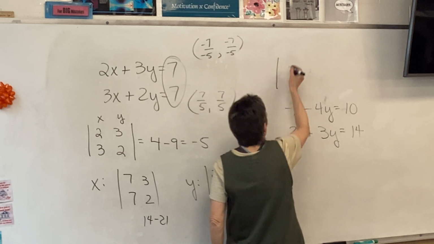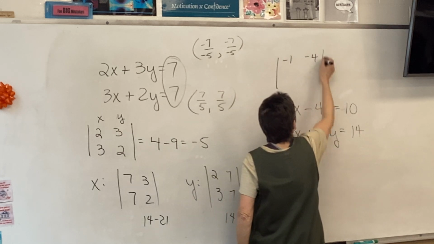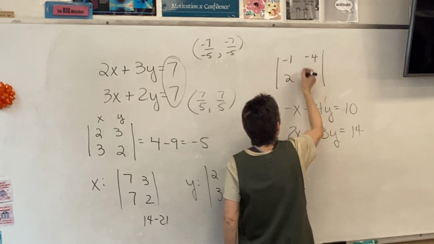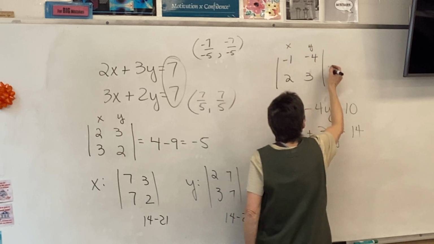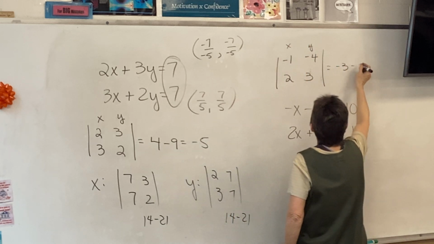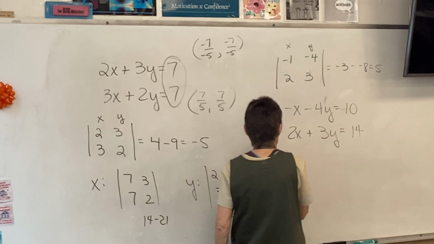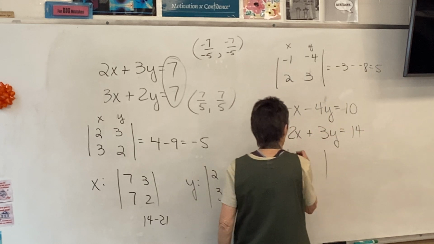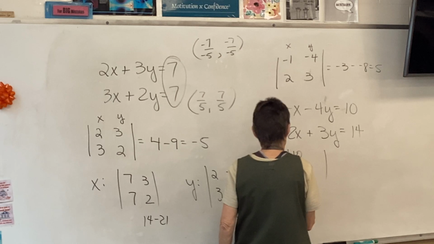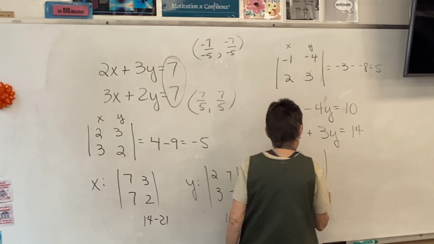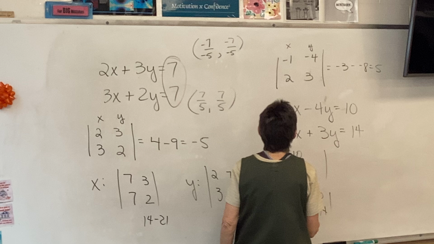I got -5. I got positive 5. Negative minus x. Minus negative. Negative 4. It's a negative 4. You're right. It's positive 5.